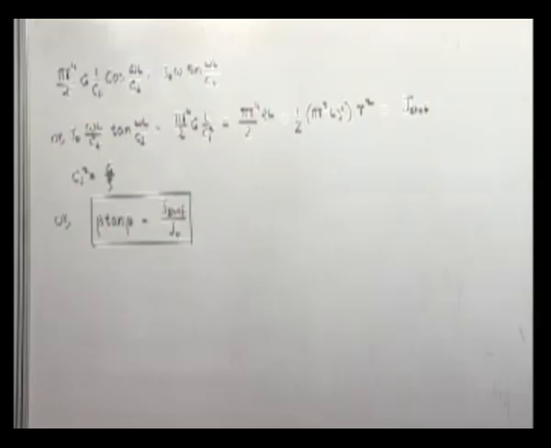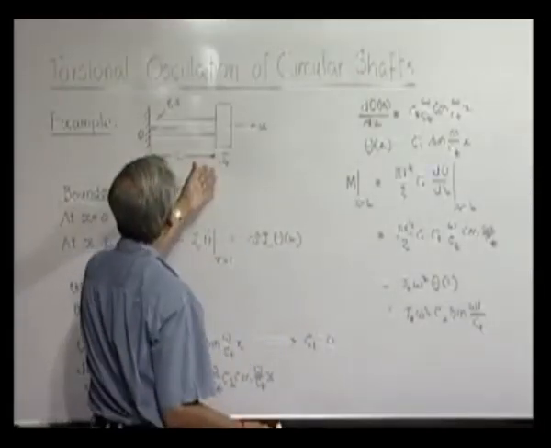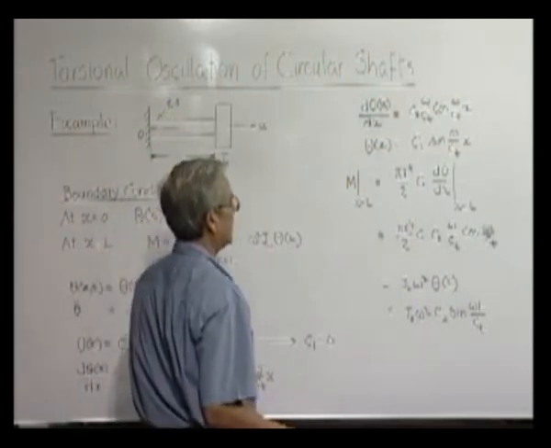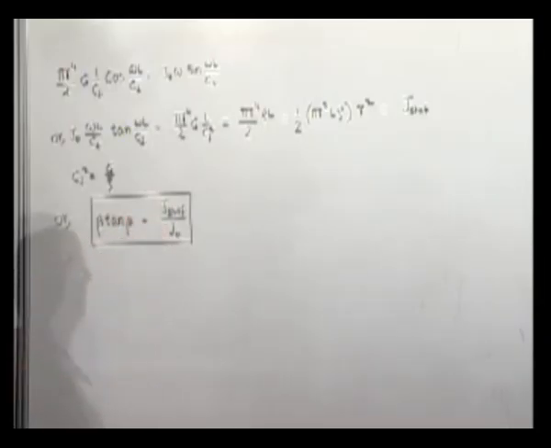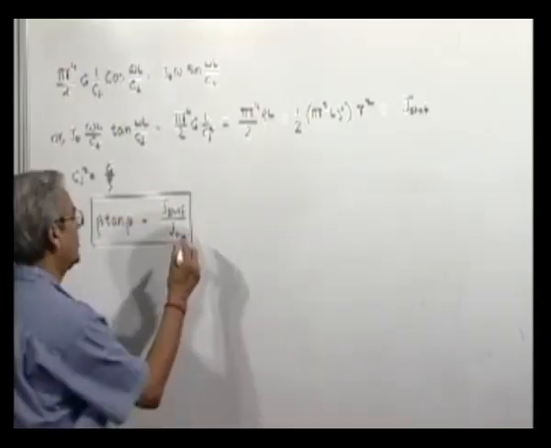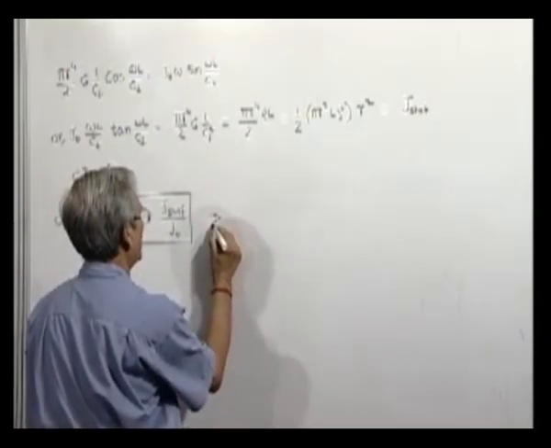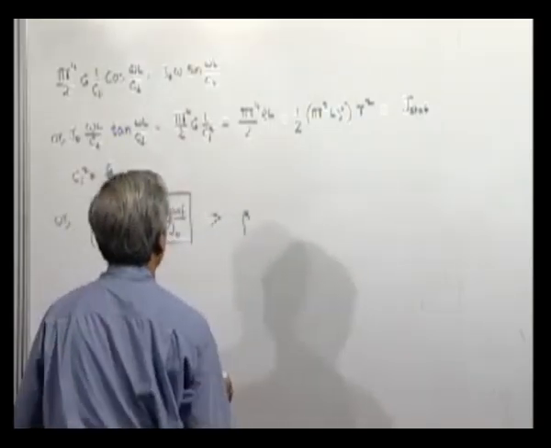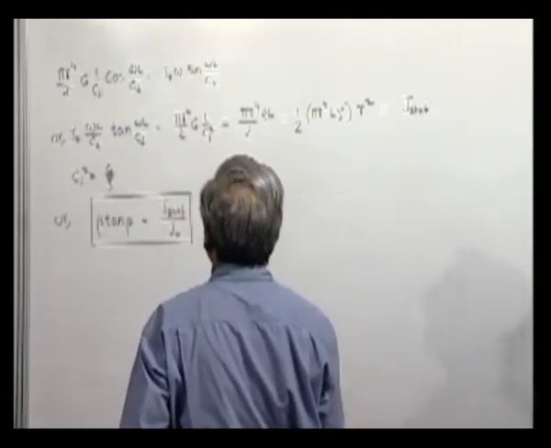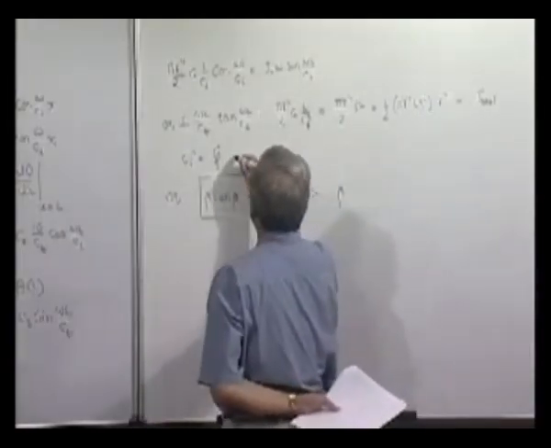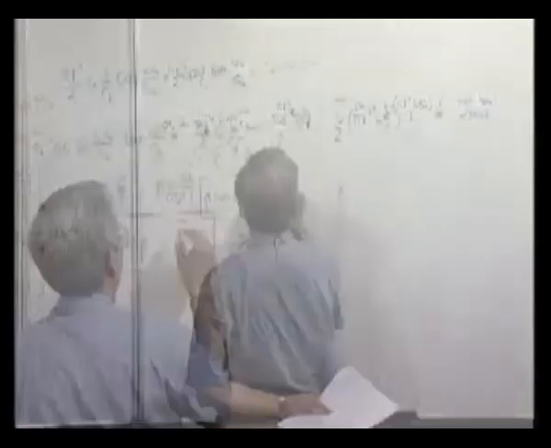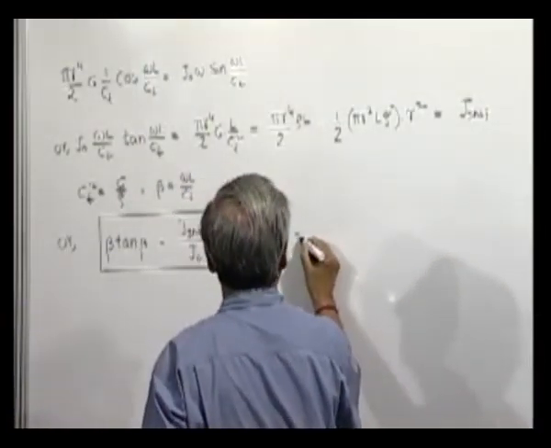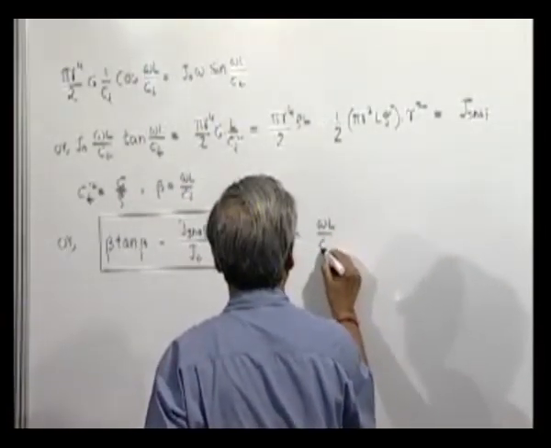But for solving a numerical problem, it will be essential for us to give the numerical values of the length, the values of the moment of inertia, etc. Then this can be solved. Once we get beta, we know beta is equal to omega L by Ct.